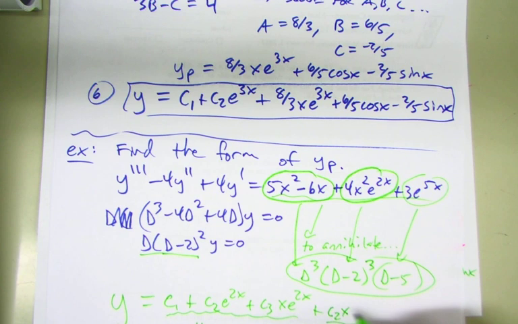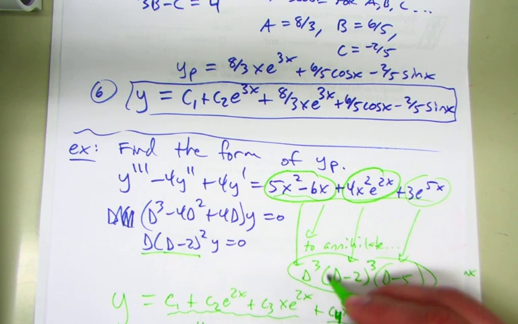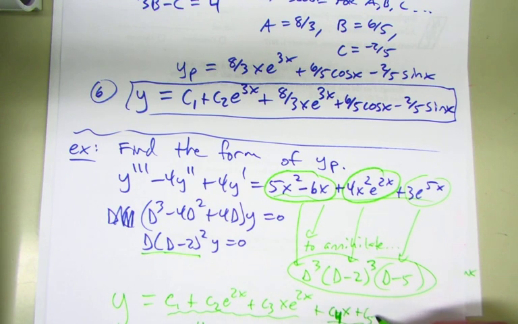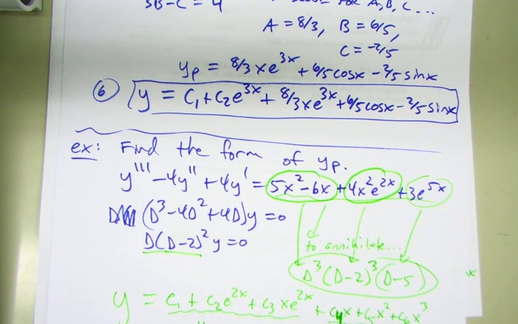Let me use a different constant here, C4 x, okay? Plus, we have to repeat that 3 times. So C5 x squared, and then C6 x cubed.